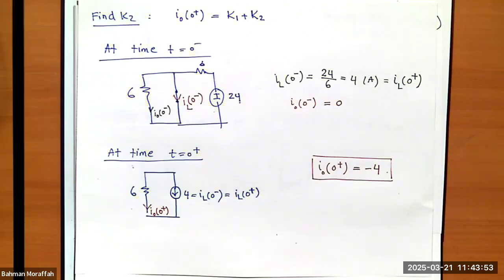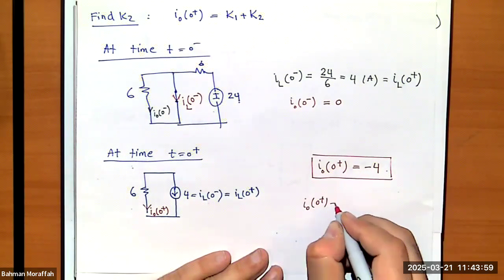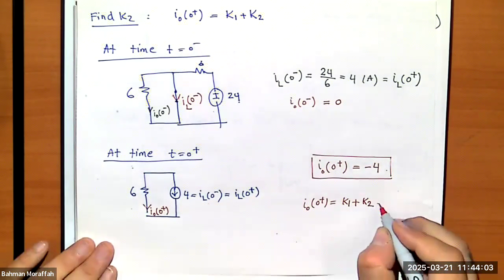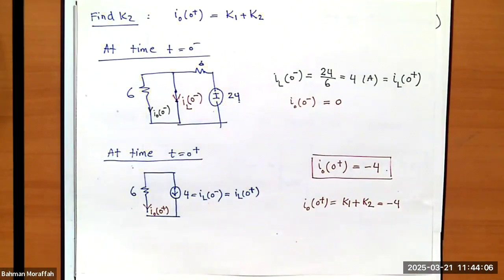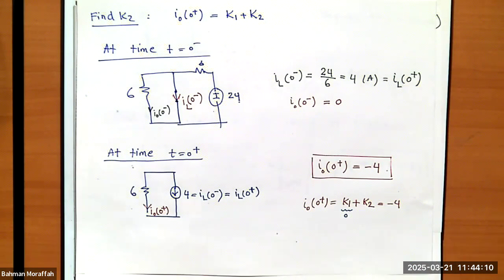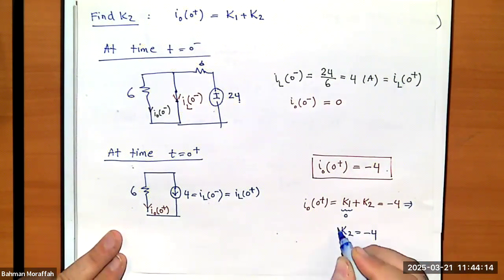I know that's K1 plus K2. We know that's negative 4. We just found K1, and we know that is 0. Therefore, K2 must be negative 4.